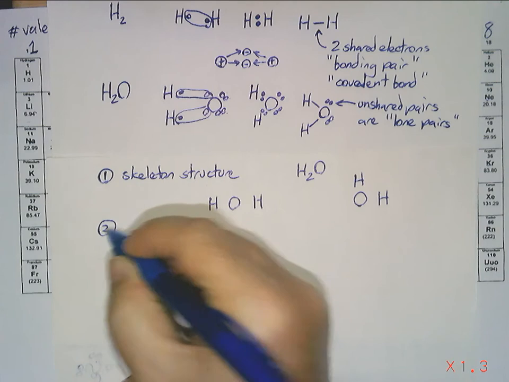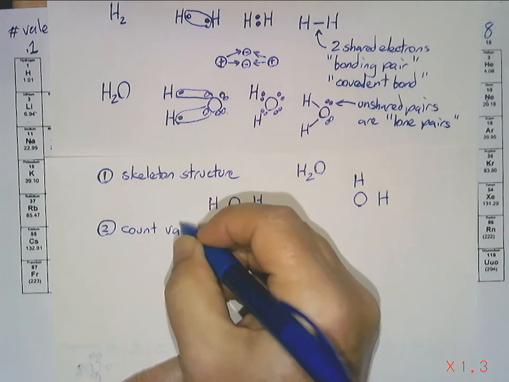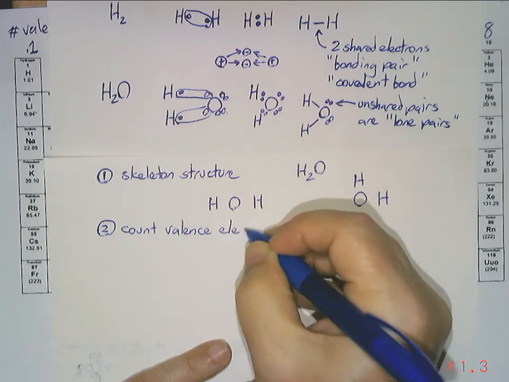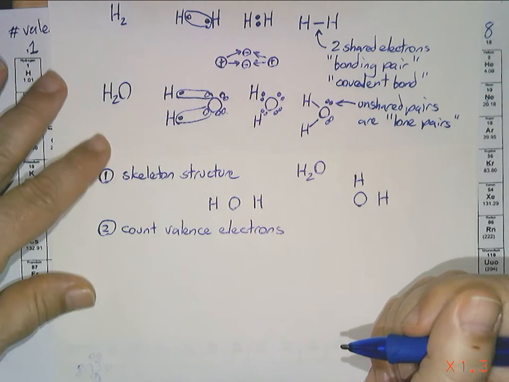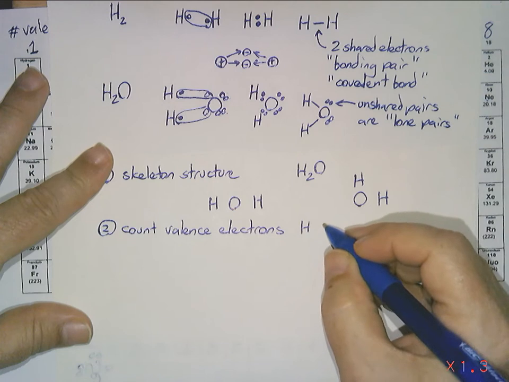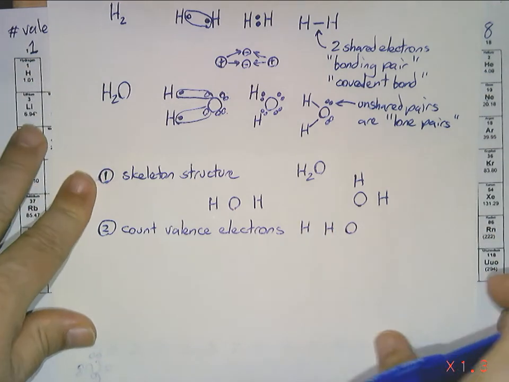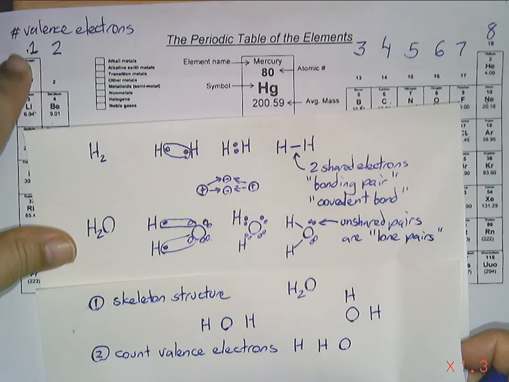The second step is to count all the valence electrons and throw them in a pile. Now, how many valence electrons have I got? Well, let me see. I've got a hydrogen, another hydrogen, and an oxygen. The hydrogen, if I look at my periodic table, has 1 valence electron.